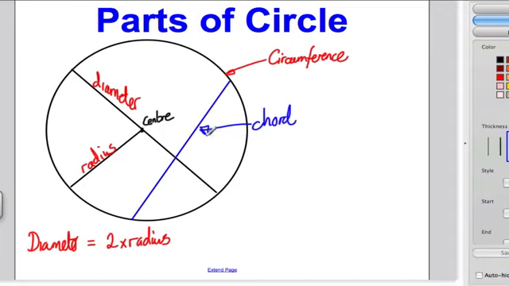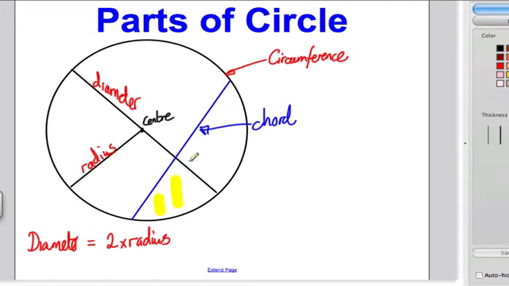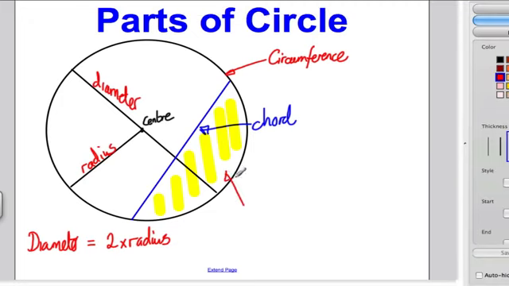Now, the piece of the circle it leaves here, like this whole piece here, is then called a segment. It's a segment of the circle. There's a small segment. This whole bit left over here is a big segment or a major segment.